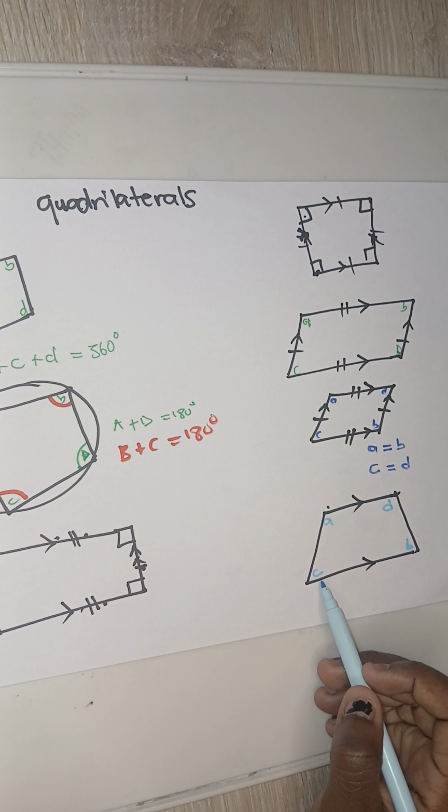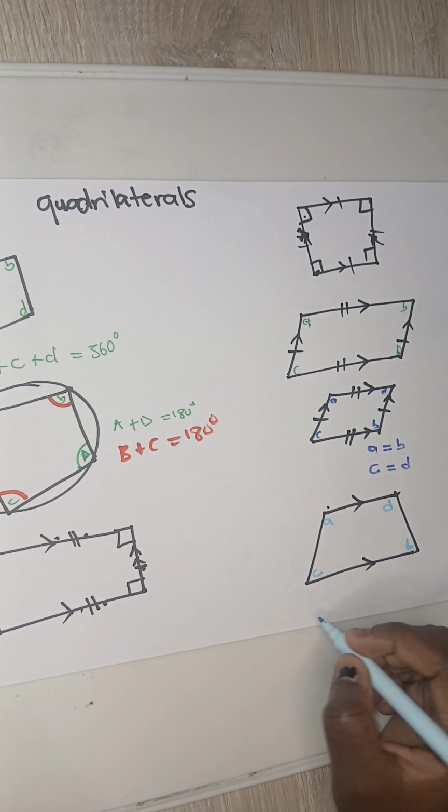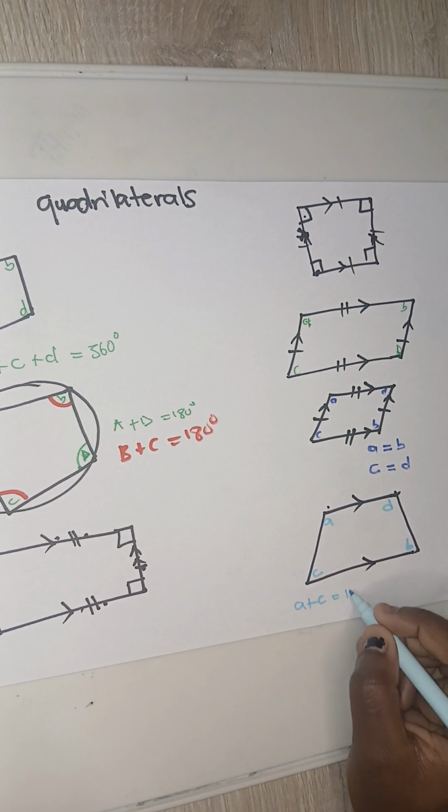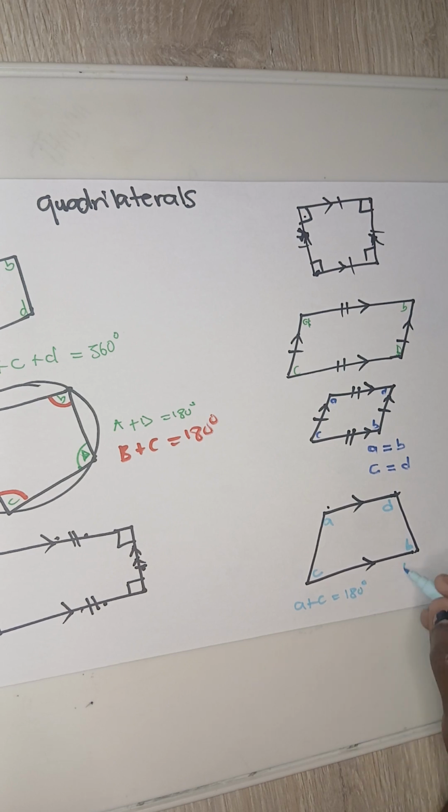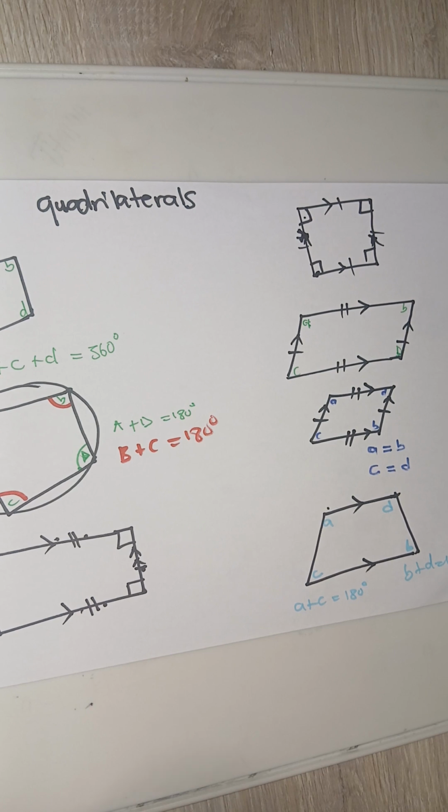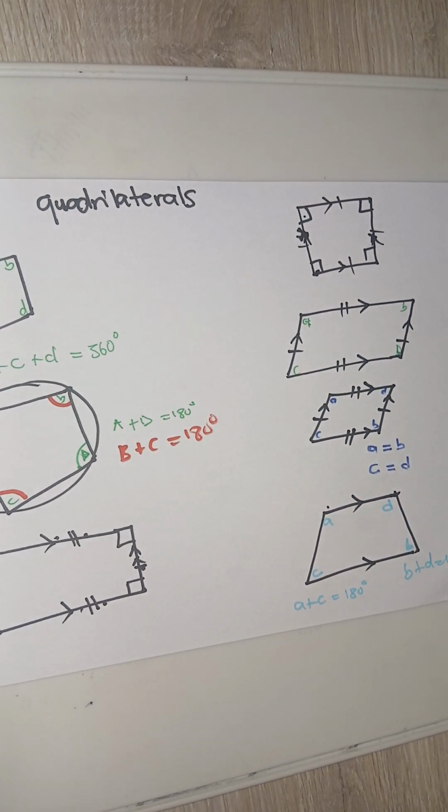This one plus this one is equal to 180. A plus C is equal to 180, and B plus D is equal to 180. That's a trapezium.